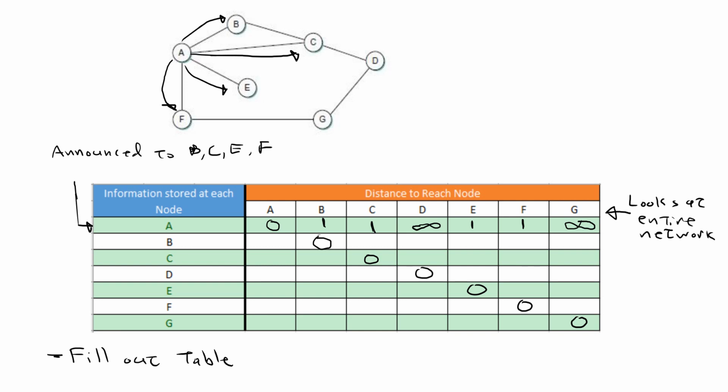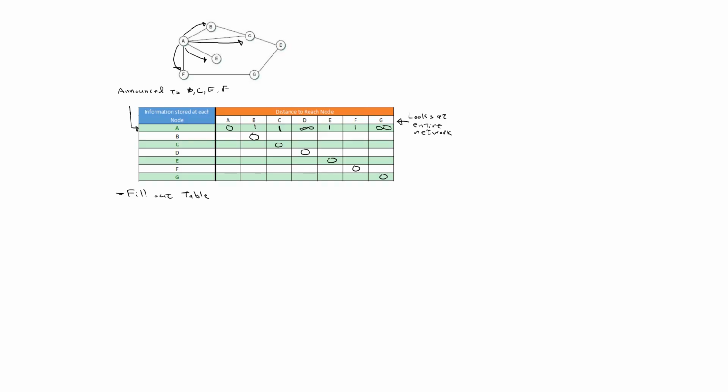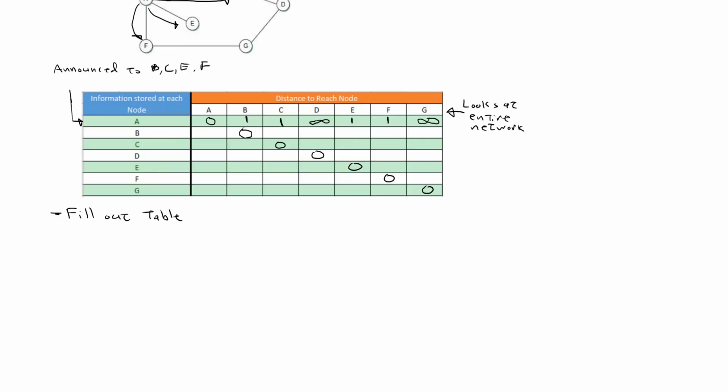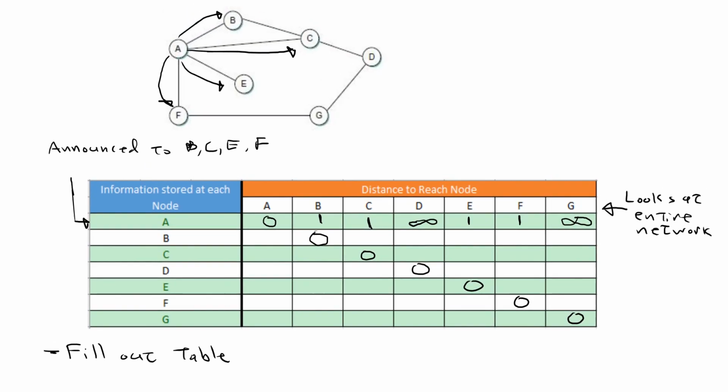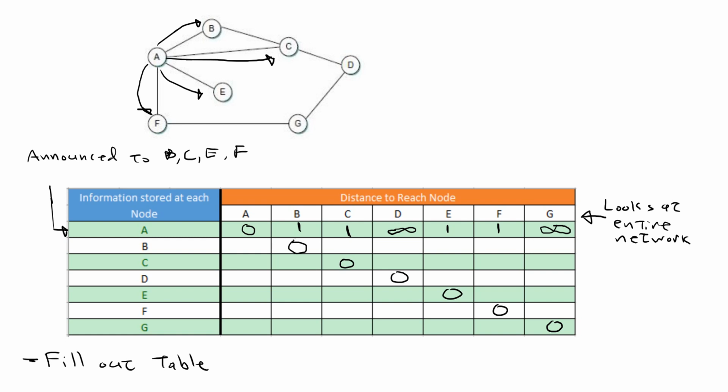So let's look at some of the steps and how this distance vector would progress. So I'm going to keep my work so far. For B, just to give myself something to work with, B would say that it can reach A at a hop of 1, it can reach C at a hop of 1, and everything else is going to be at a hop of infinity, as they are not directly connected.